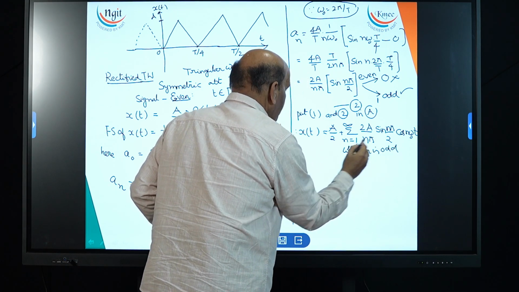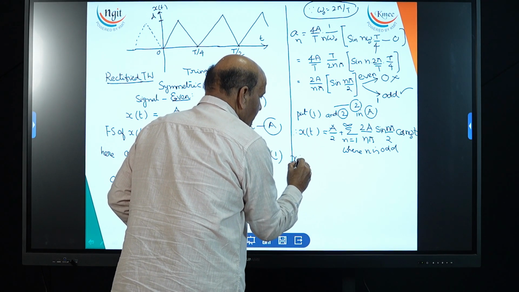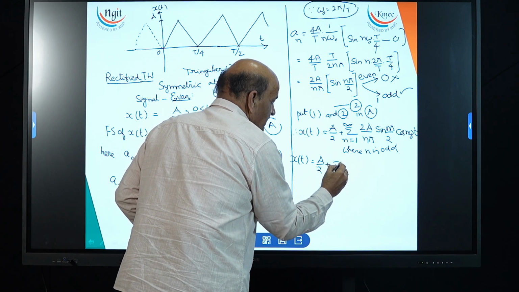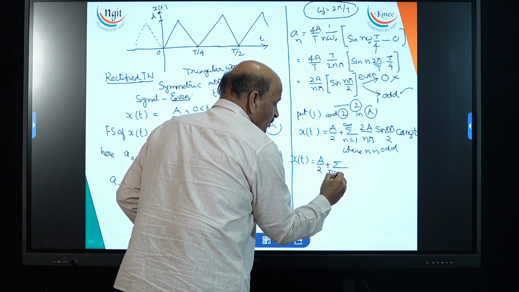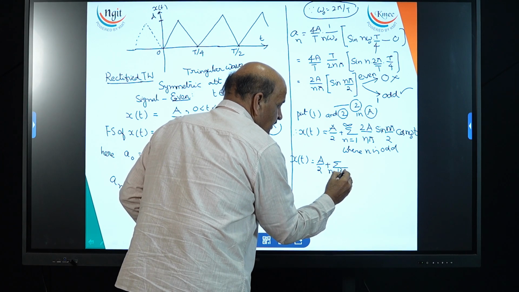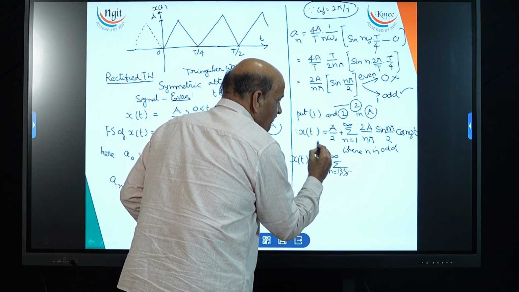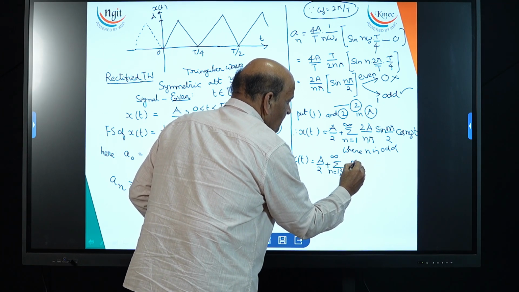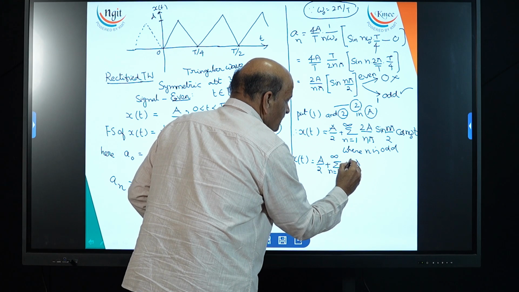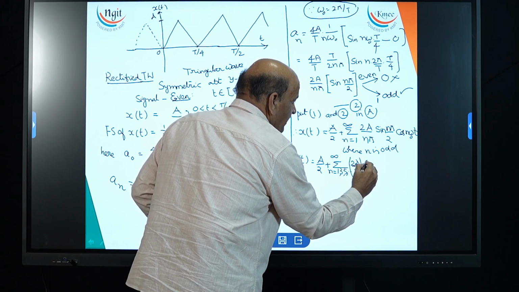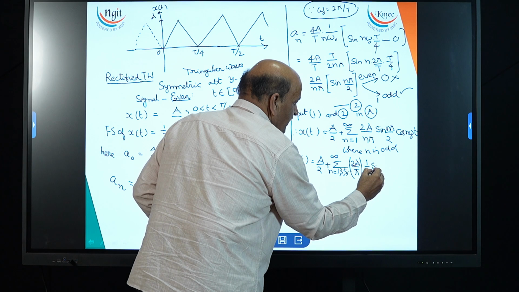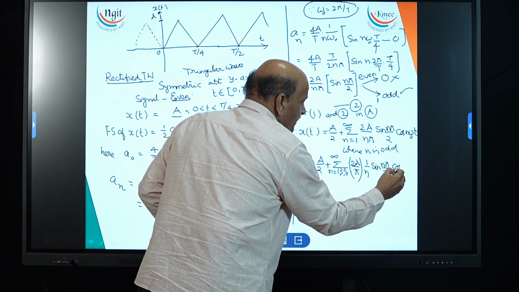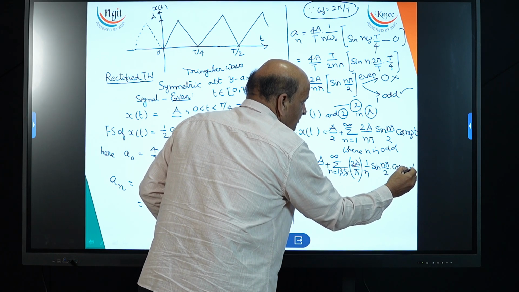So simply we can make it as x of t is equal to A by 2 plus summation, here you write n equal to 1, 3, 5, etc. to infinity. So what is the constant? 2A by pi is a constant. Make it constant, and the remaining is 1 by n into sin n pi by 2 into cos n omega naught t.